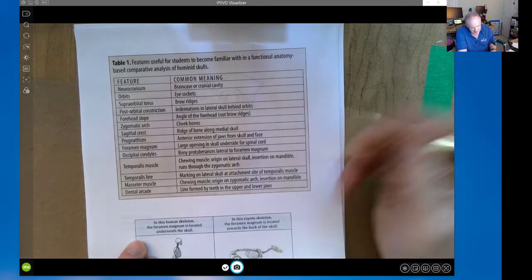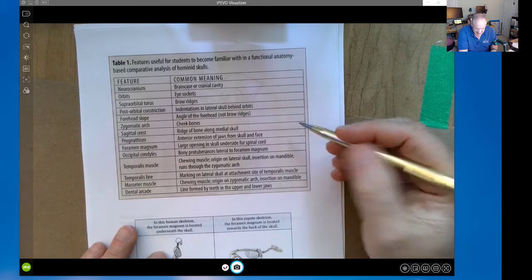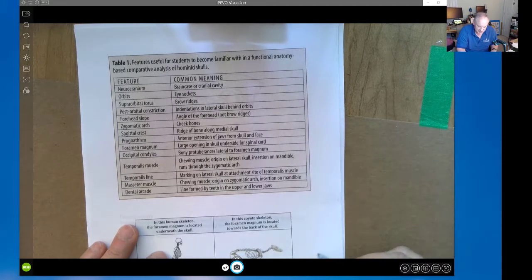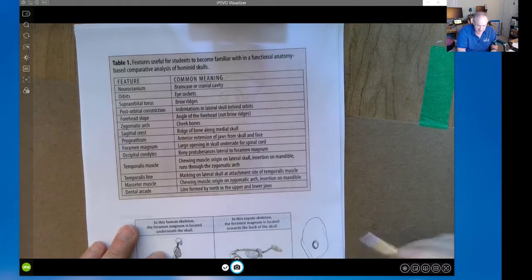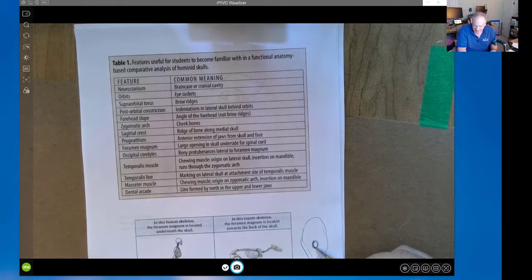As you look through some of your models, you'll see the position. If you see the front of the skull and the back of the skull, the foramen magnum is the large opening in which the spine is serviced with the atlas. The top two of the vertebrae kind of fit the head, and so we can rotate and turn and do those sorts of things. That's the foramen magnum.